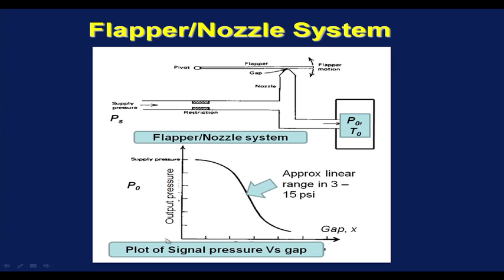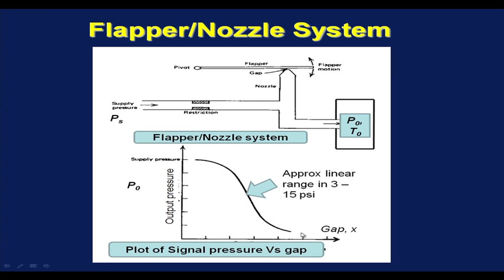So, this is the plot one obtains when one plots output pressure or signal pressure versus the gap between the nozzle and the flapper. It can be seen that for a large value of gap or displacement, this part of the graph tends to saturate.